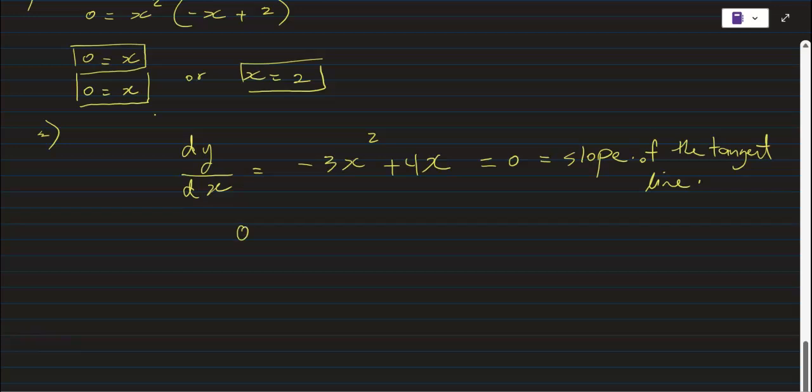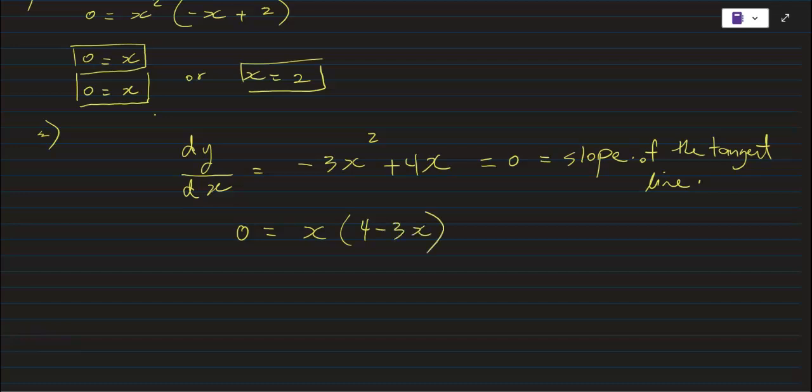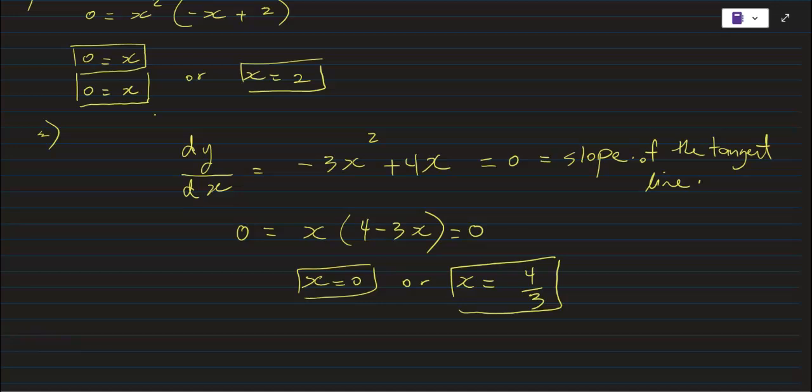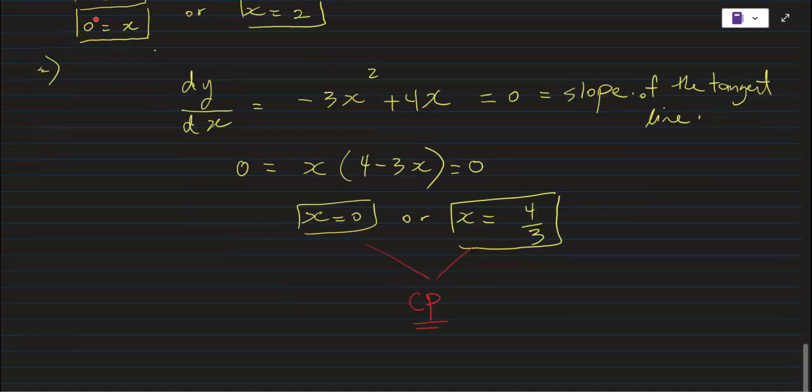We have 0 is equal to, and then we just do simple factoring again to solve this quadratic equation. I'm rewriting it in a way that we can see it better. So here you go: x times 4 minus 3x equal to 0. In this case we have x equals 0 or x equals 4/3. So we have two critical points, CP for critical points. Great.